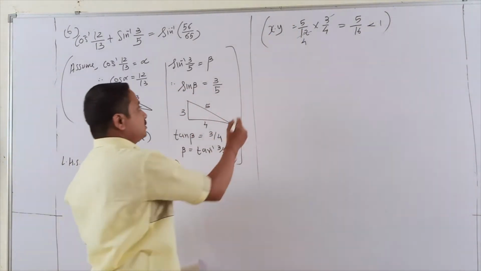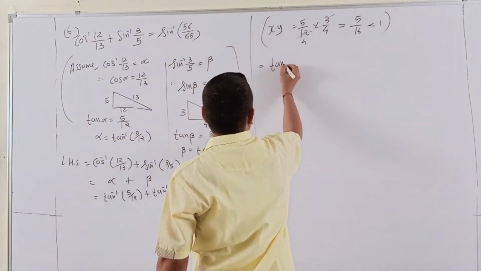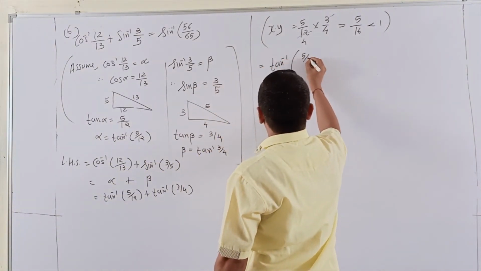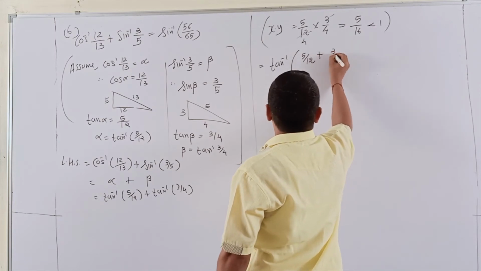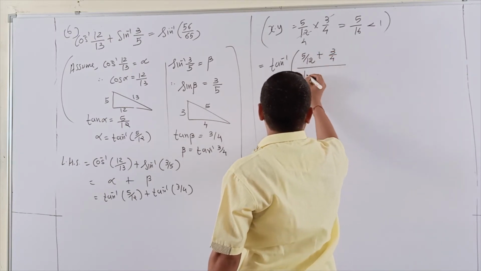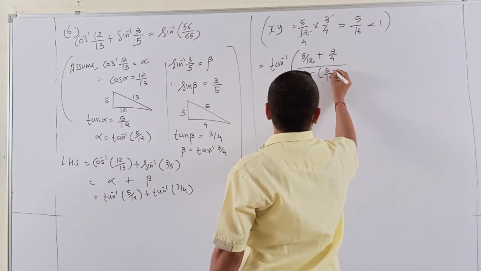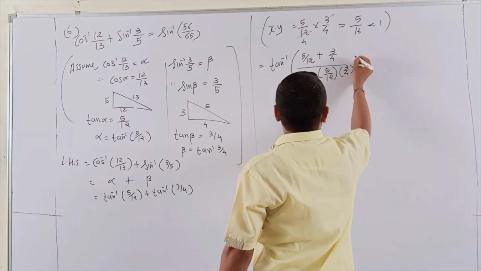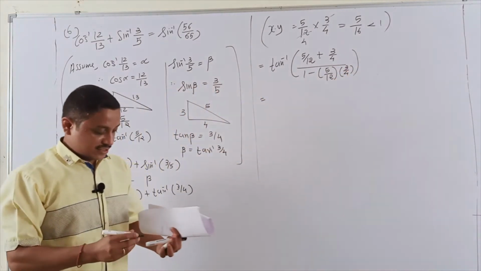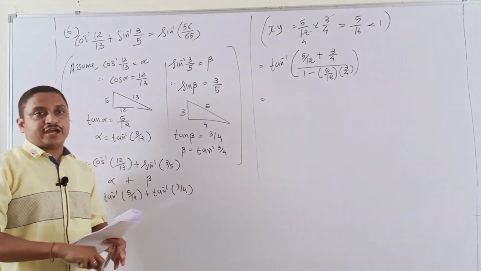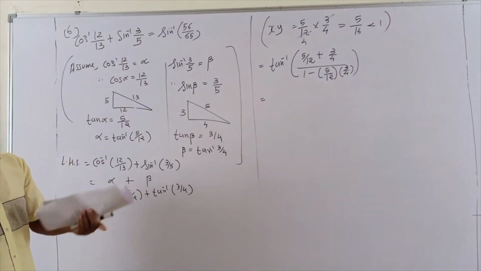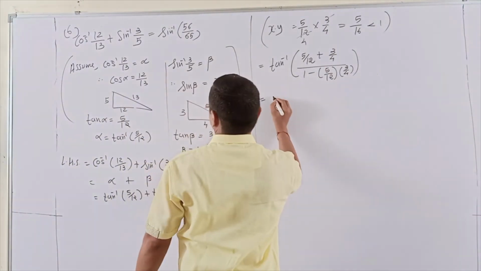So this property is utilized now: tan inverse 5 by 12 plus 3 by 4 over 1 minus 5 by 12 into 3 by 4. Yes. Now take out the LCM. 12 and 4, totally 48.